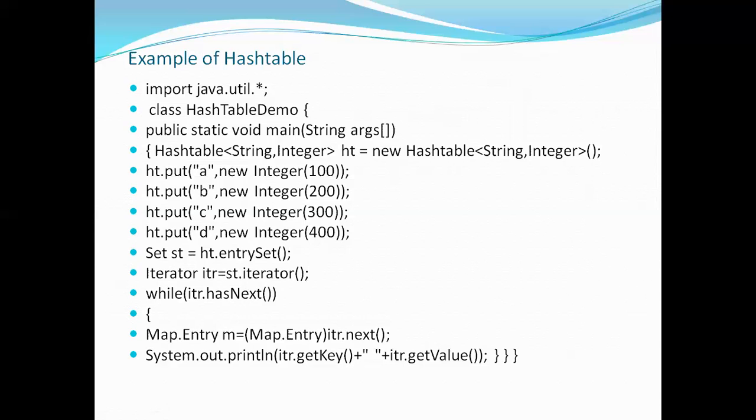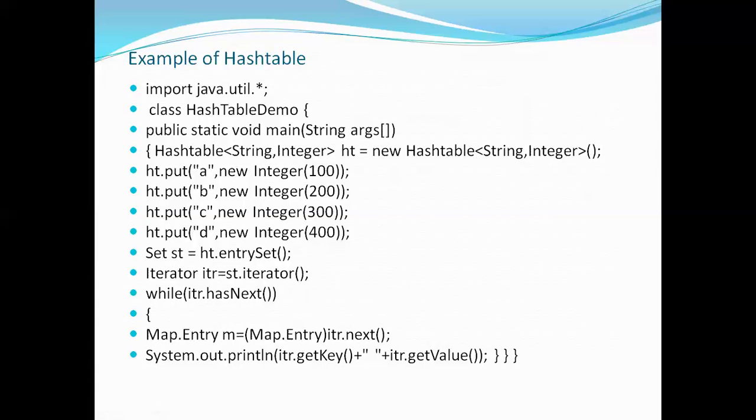So entrySet is one of the methods of this hash table. For that, I'm creating an object: set test is equal to ht dot entrySet. Now I'm using the iterator, which while printing will always check whether it has a next element or not. If a next element is there, then get that and store it in Map.Entry. Actually, this we'll learn in detail while discussing the map interface.